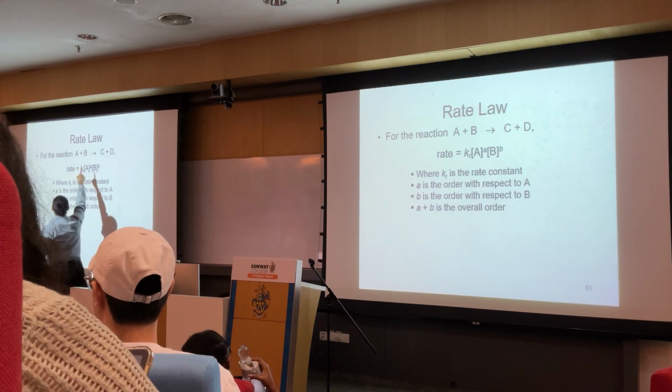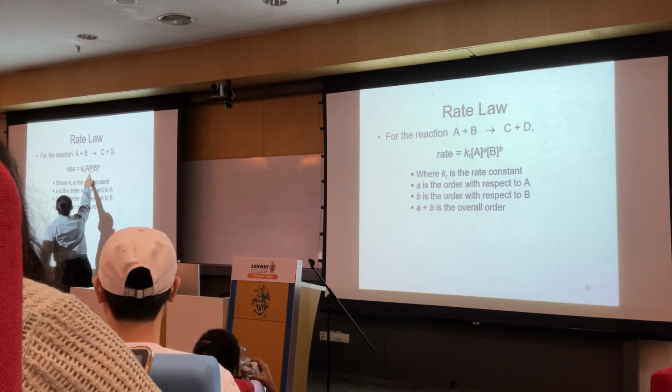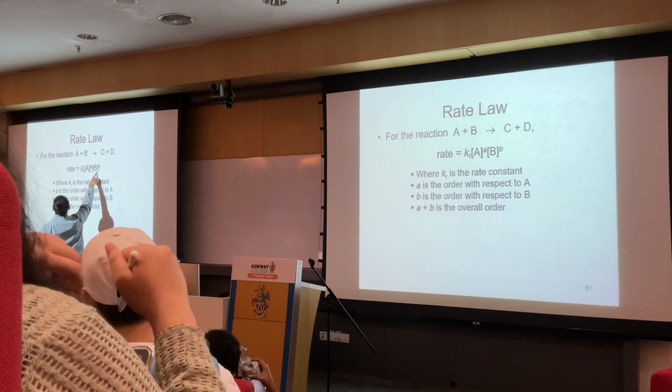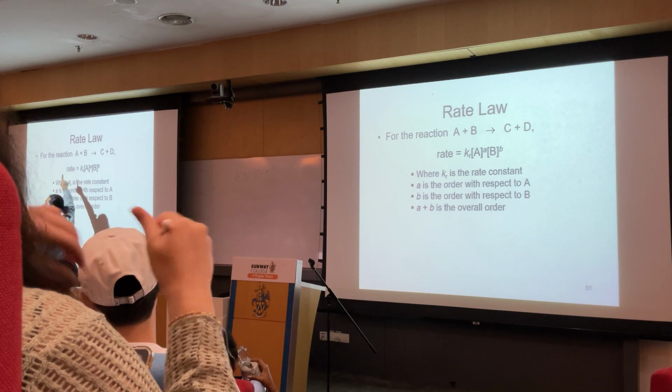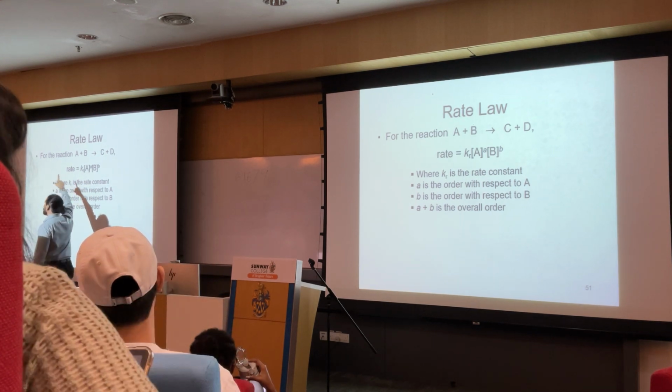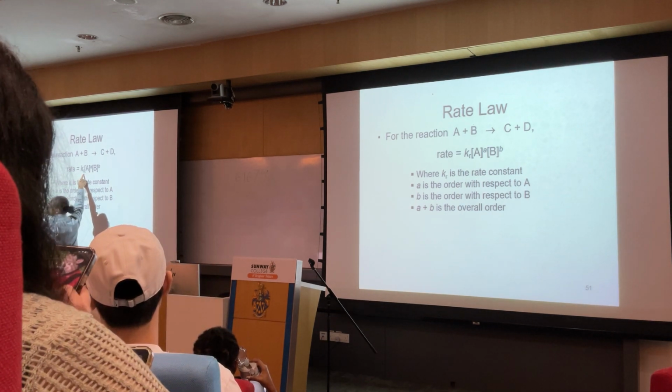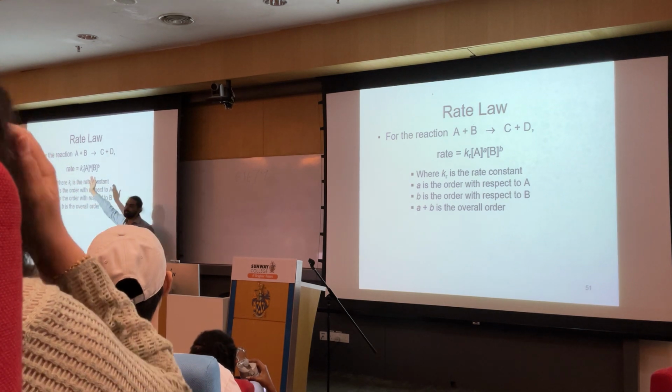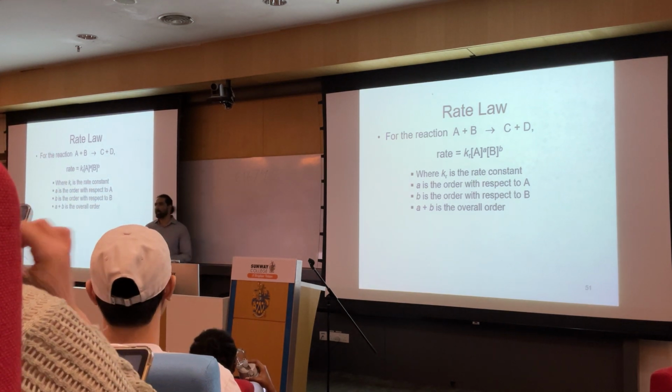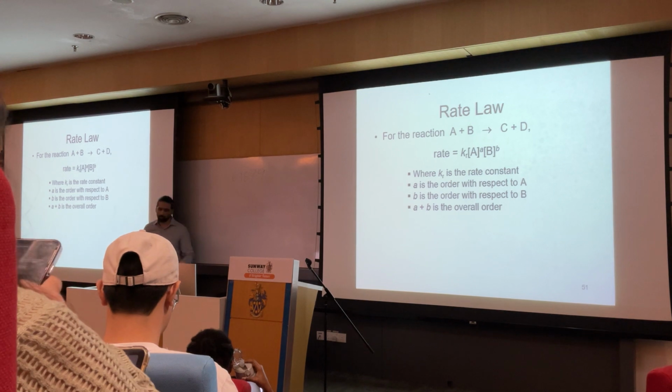So the reactants are A and B, right? So the concentration of A and concentration of B. When we take out the directly proportional, we get the rate constant. So this is how we can write the rate law of any given reaction.